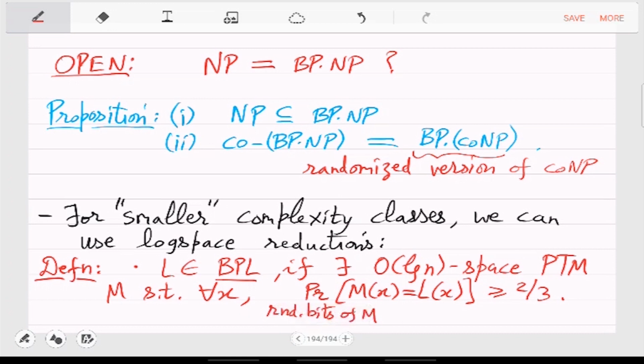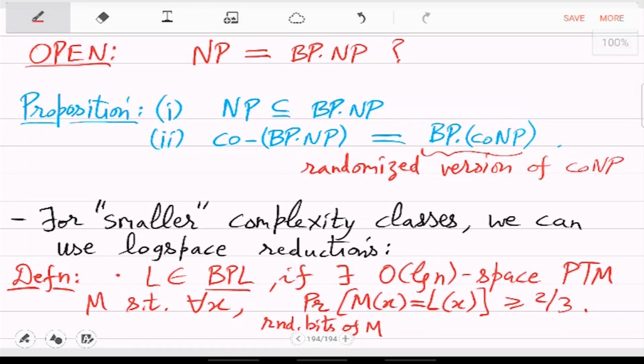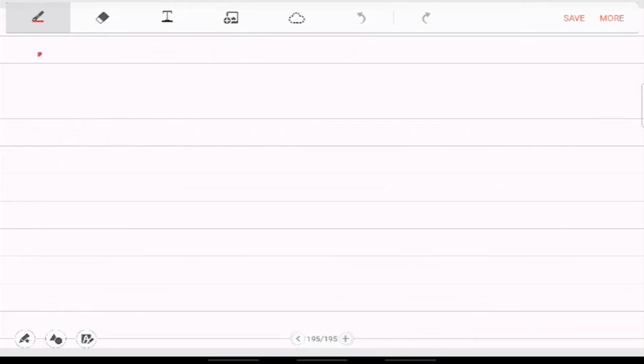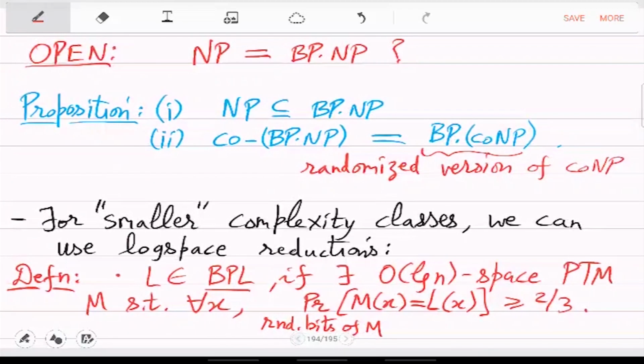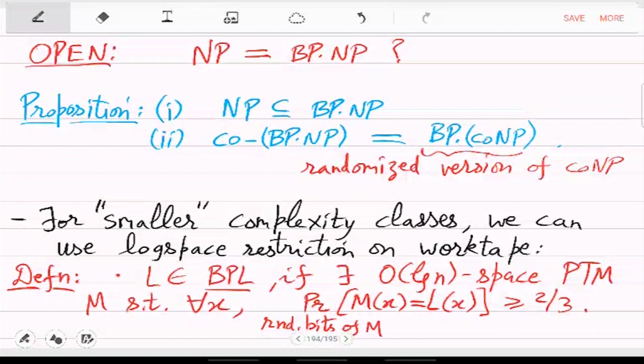Using this reduction, we can define classes. So let us do that. We can use a log space restriction on the work tape, so we are actually defining log space computation.